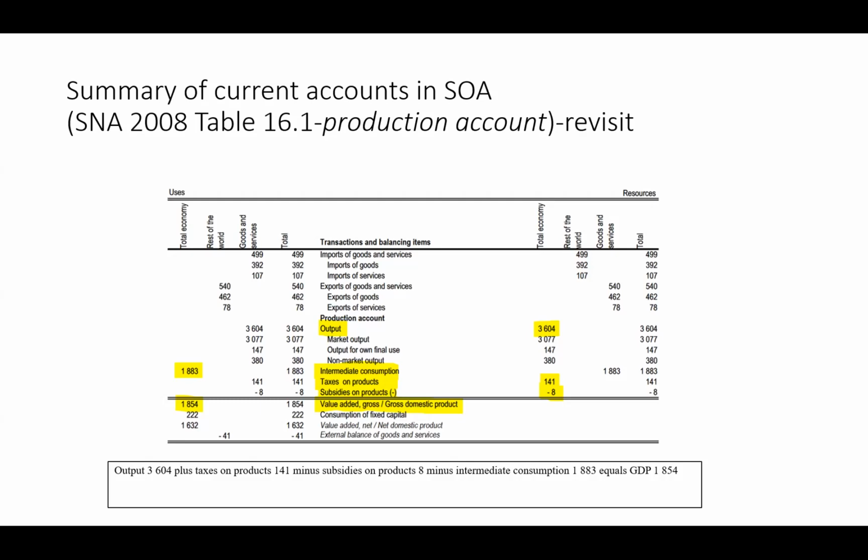So 3,064 plus 141 minus 8 minus the intermediate consumption, which is 1,883, is equal to GDP, 1,854.